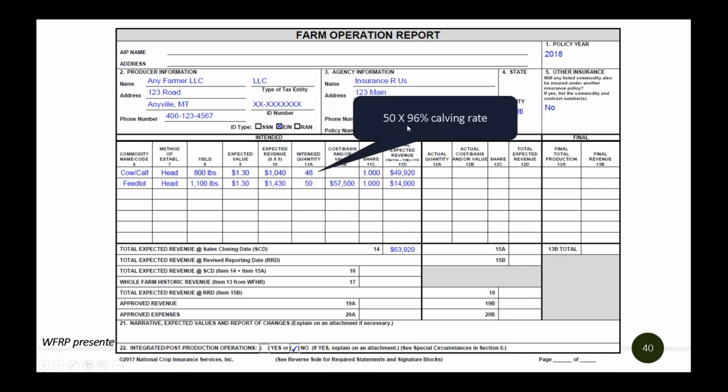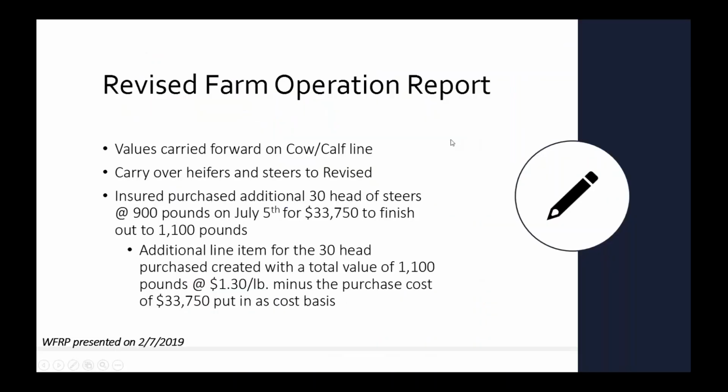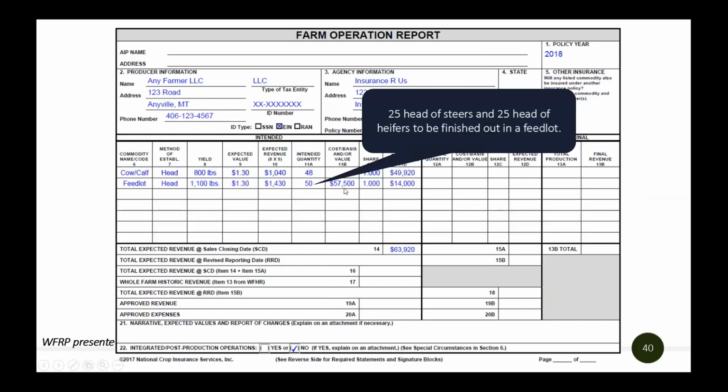So here's our 50 head times our 96% calving rate, our intended quantity. These are 25 head of steers and 25 head of heifers to be finished out at the feedlot. And then our $57,500 carryover from the farm, or the beginning inventory.